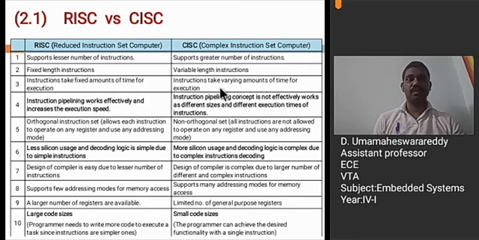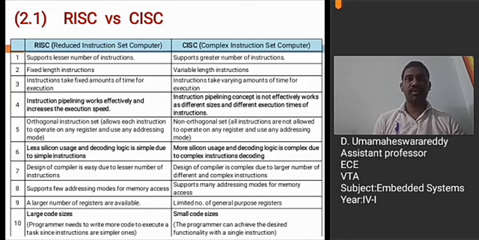Understand? Here instructions are of different sizes, so they take different amounts of time for execution. And coming to RISC, instruction pipelining works effectively and increases the execution speed. Why does instruction pipelining work effectively? Because it has fixed-length instructions and each instruction takes a fixed amount of time.